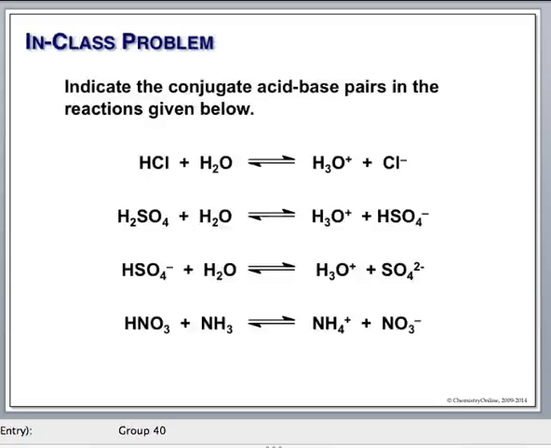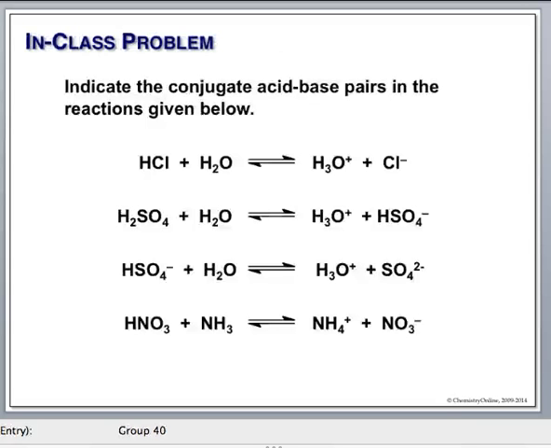Look at these and describe for each of these acids which is the conjugate acid and what its conjugate base is. The way you do this is to look at the reaction and say, what is the Bronsted acid?